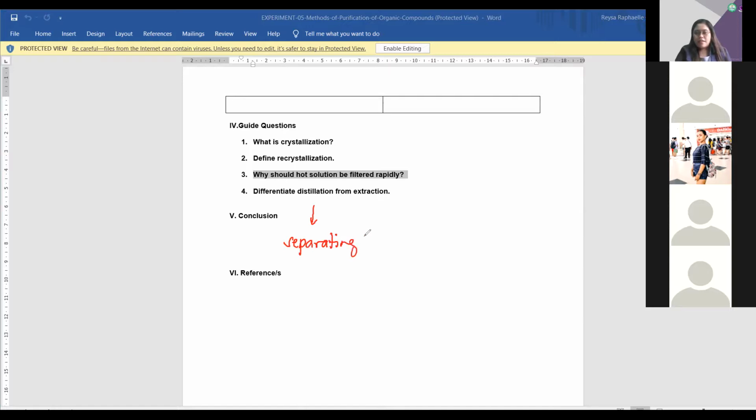Again, si distillation ay ginagawa natin to separate components of mixtures. Example, nagmix ka ng alcohol and ng water, which is, by the way, very common. Yung ginagamit natin na disinfectant ngayon, like 70% alcohol, hindi siya pure alcohol. Meron siyang tubig na laman. So if we want to separate that, we can do distillation.